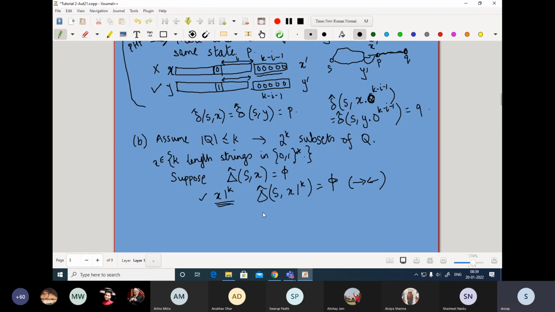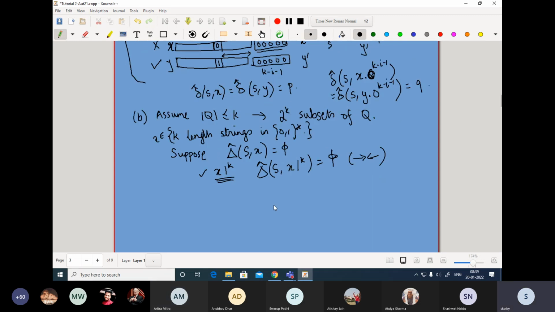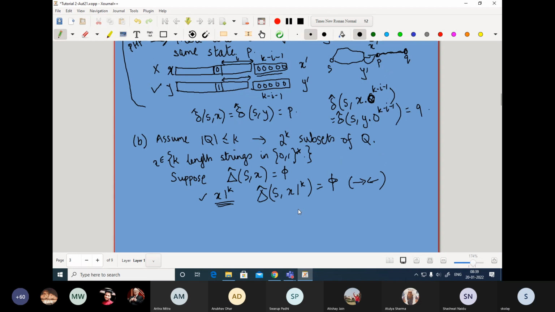Is this point clear to the others? Ma'am, I am unable to understand how this proved that. Okay. So delta hat sx is phi, meaning that x is a prefix of the string x1 to the k.